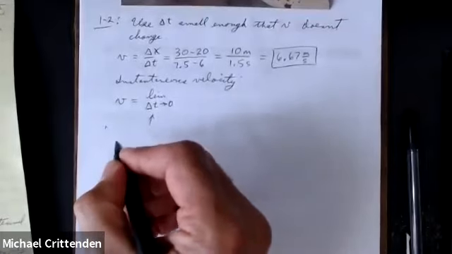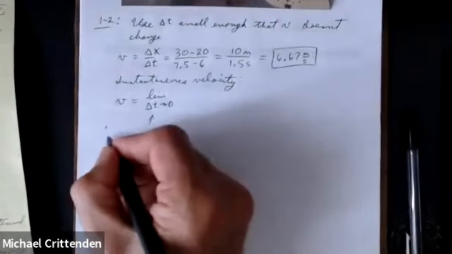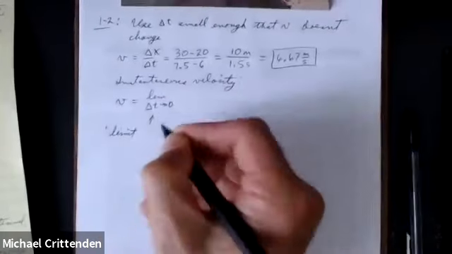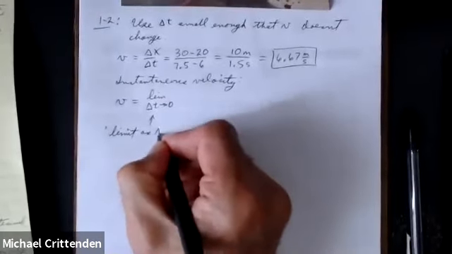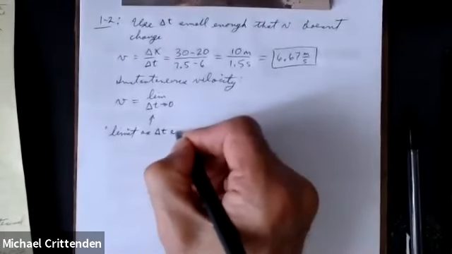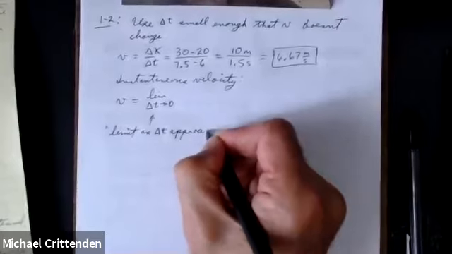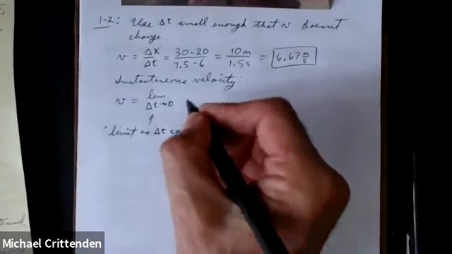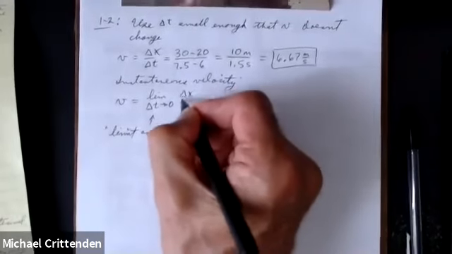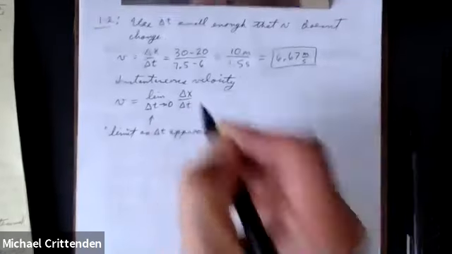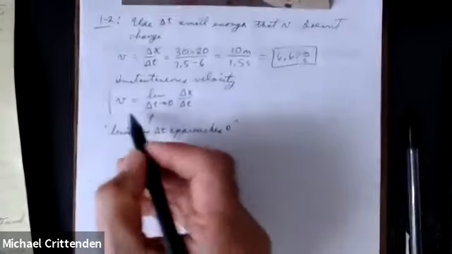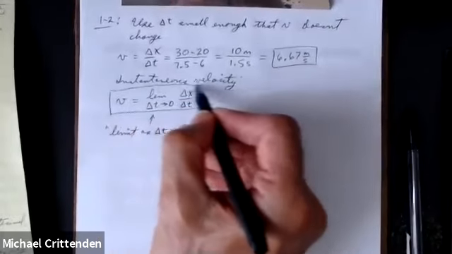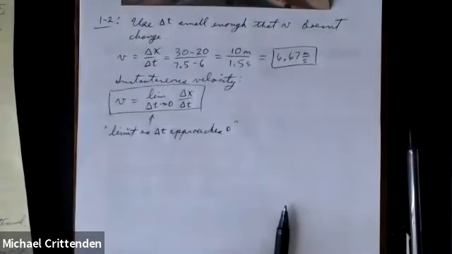But if you read it out without abbreviating anything, it's read: the limit as delta t approaches 0 of delta x over delta t. And so that would be the definition of instantaneous velocity. And what it means is that process that I was just describing.